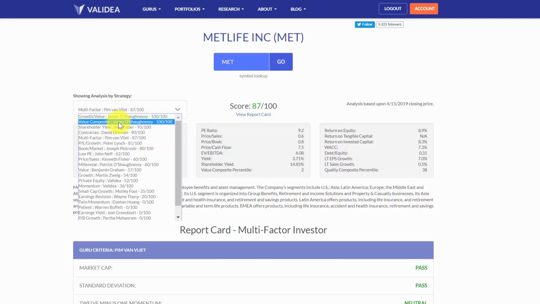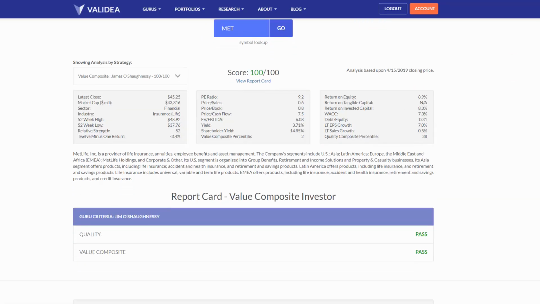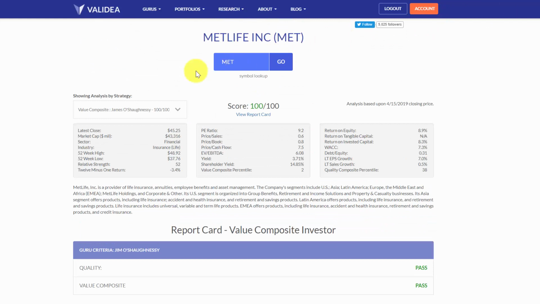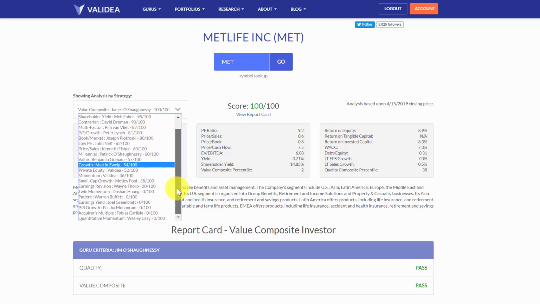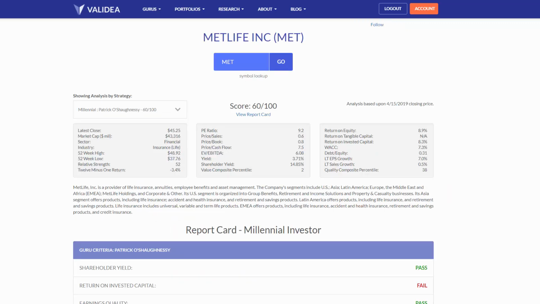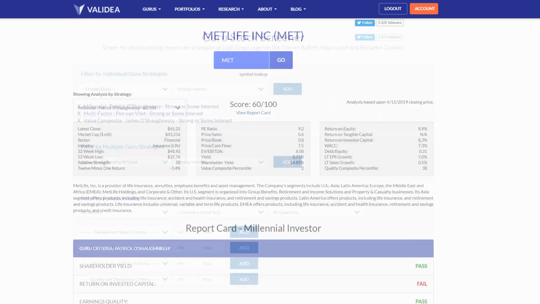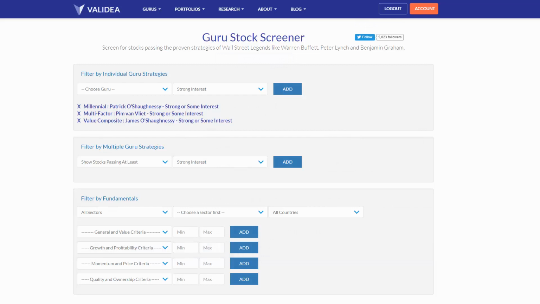The Value Composite Investor model looks at shareholder yield along with 5 other valuation metrics to create a composite score, and only the top 5% of stocks in that universe are considered the best investment opportunities. The Shareholder Yield model, based on Faber's book, looks at shareholder yield along with a host of quality and other valuation and momentum factors. And the Millennial Investor model, based on Patrick O'Shaughnessy's Millennial Money, uses shareholder yield and looks for inexpensive stocks with high returns on capital.